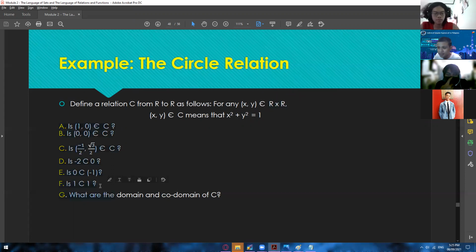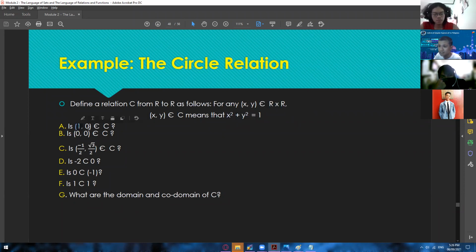We have a given ordered pair here, wherein (1, 0) is an element of C. Is this ordered pair in relation with each other? Before, it was represented by R, but here it's now represented by C, meaning it's a circle relation. For us to say that they are in relation, they have to meet this condition: x squared plus y squared is equal to 1.